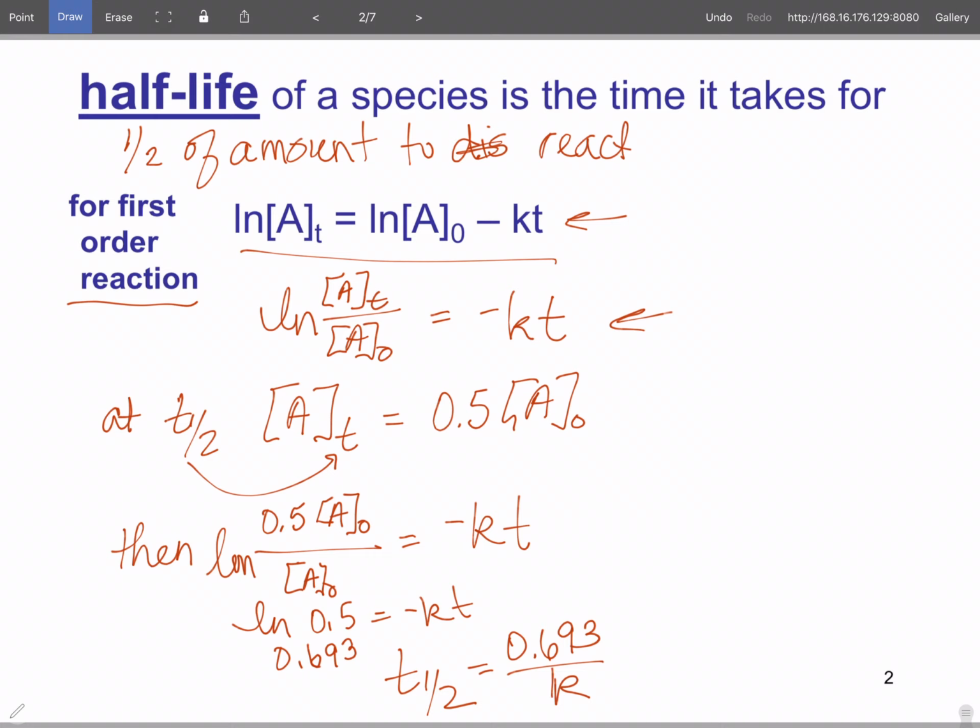If you'll notice, for half-lives of first order reactions, and first order reactions only, the half-life is independent of concentration. That is unique to first order.